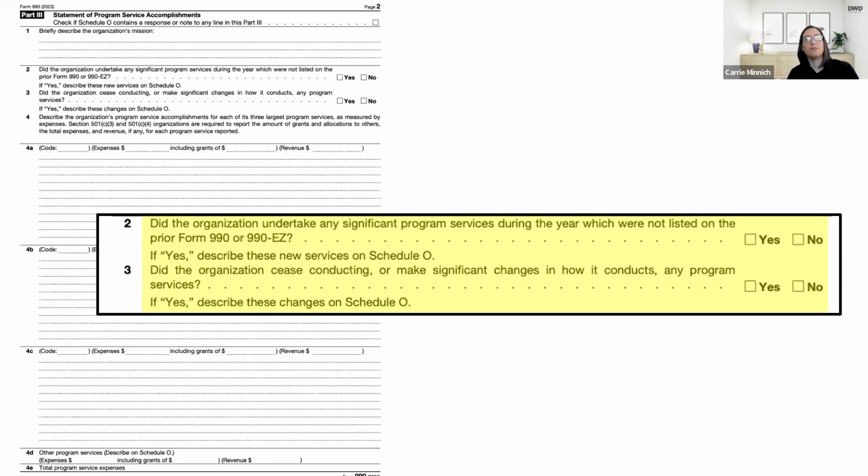If you changed and veered way off from what they originally approved, it could possibly be considered unrelated business income, and you may have to pay unrelated business income taxes on it. So just make sure that if you make any significant changes to your programming, you notify the IRS of those changes.